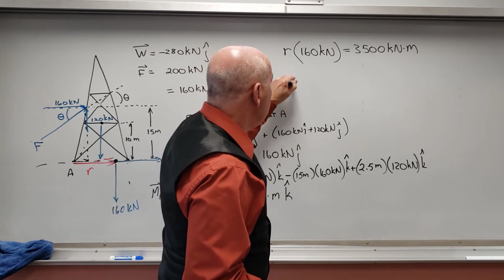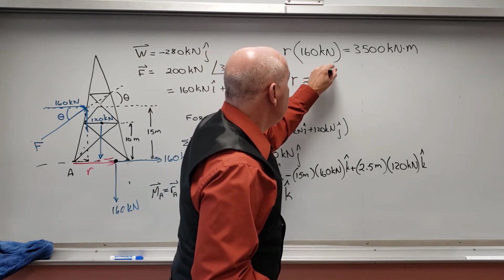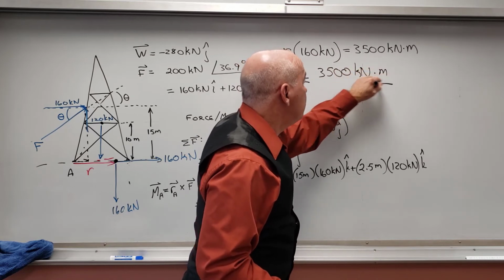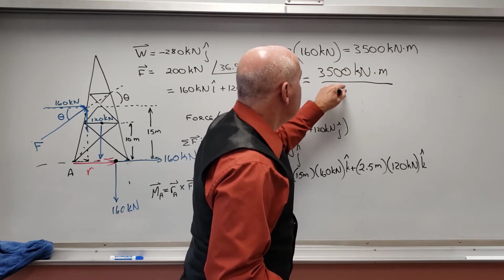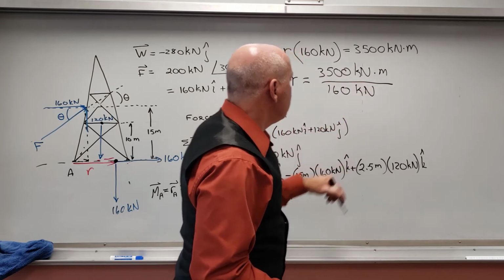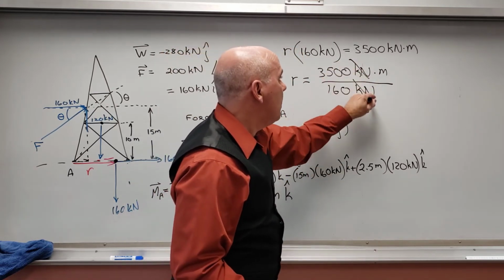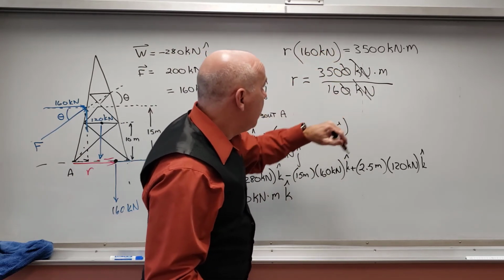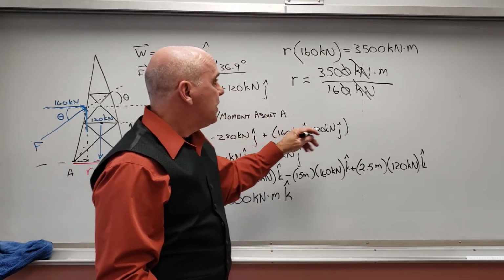And so R is just equal to 3,500 kilonewton meters over 160 kilonewtons. And so you can see the kilonewtons go away, so I'm going to get a distance of meters, which is what I want. Those zeros go away, and I get 350 over 16.